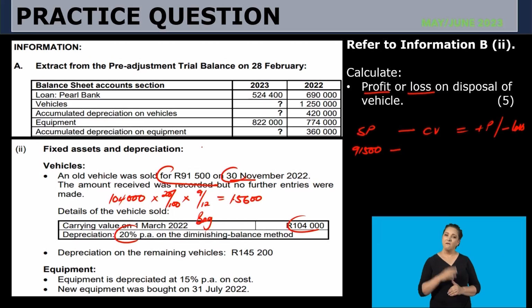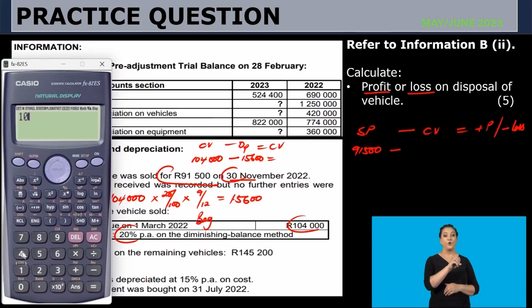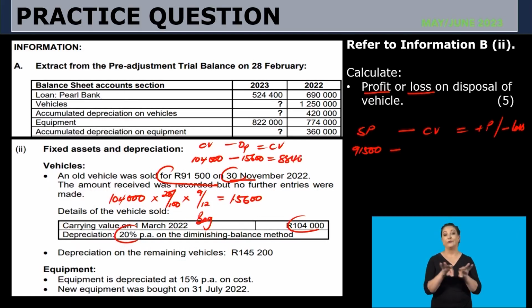So I know that carrying value minus depreciation is equal to carrying value. If I had a carrying value of 104,000 and I subtract the depreciation for this year, which is 15.6, I'll get the carrying value on the date of disposal. So 104,000 minus 15,600 will give me 88,400. That is the carrying value on the date of disposal.